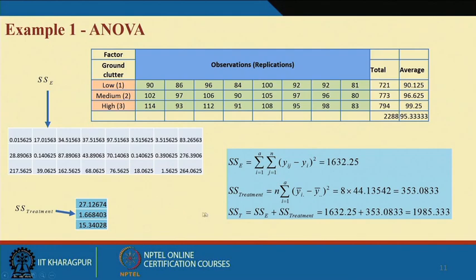So, the typographical mistake here is that there is a bar missing, yi dot bar. Here one bar is missing, please put that bar, yi dot bar. I hope the calculations are correct, it is done in Excel. If there is a mistake, please mention it in the discussion forum, please check.